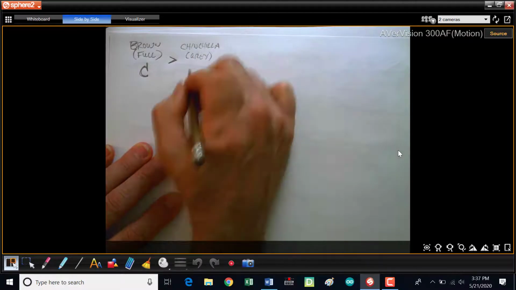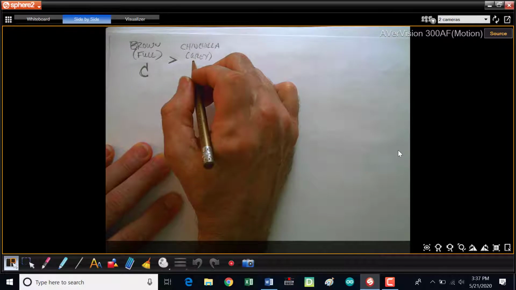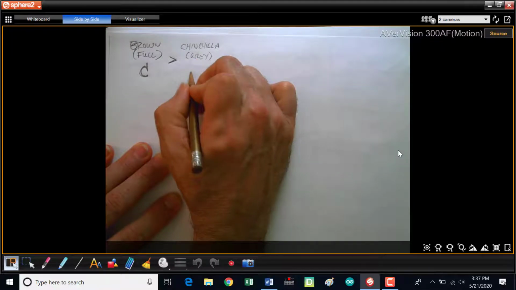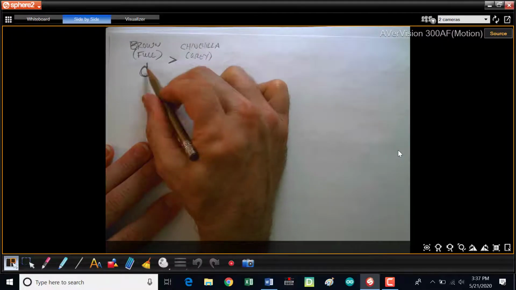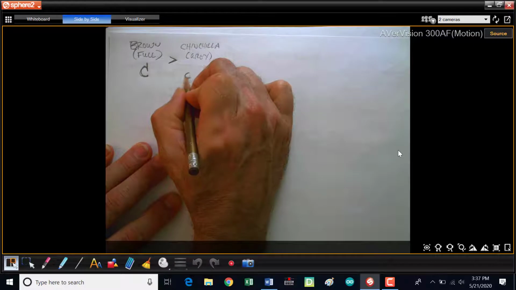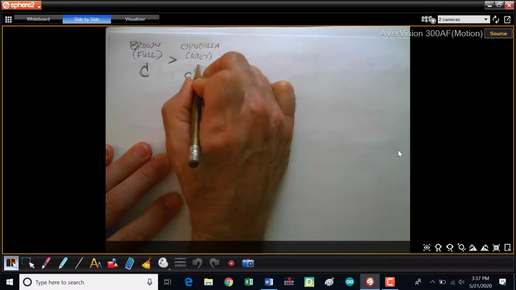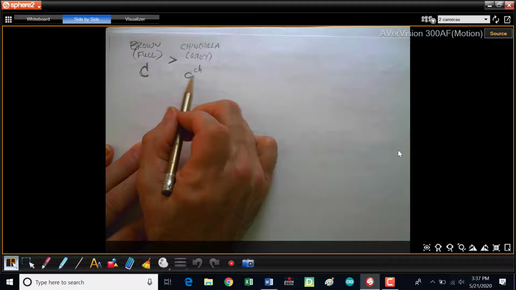Now, because this is going to be a little bit different than your standard simple dominance, I'm going to write this allele, which is recessive to that, as a lowercase c, but then I'm going to put a superscript on it, a CH like this. So this is the way I'm going to write the gene that, if it were the most dominant in the organism, would make that rabbit appear this uniform gray color.